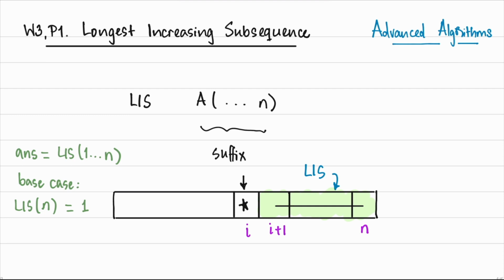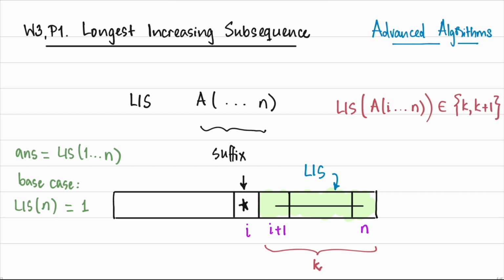So just to recap what we said here, suppose we know from our recursion that the length of the longest increasing subsequence of the green array happens to be k. Okay, then notice that the longest increasing subsequence of the subarray starting at i and ending at n is going to be either k or k plus 1.